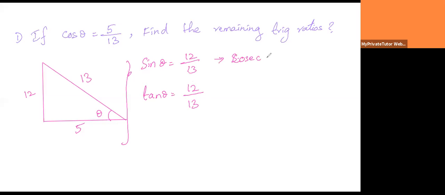Cosecant, 13 over 12. We have a secant, we'll try that later, which is cot now. Reciprocal of tan theta, so which is 5 by 12. And the last one is secant, which is the reciprocal of cos theta, which is 13 over 5.